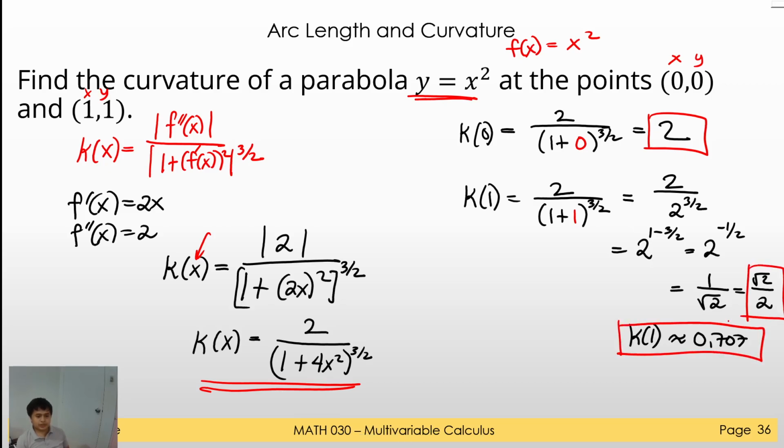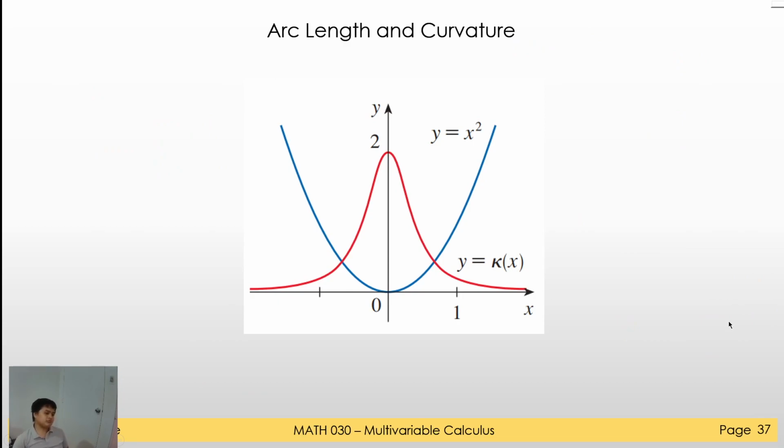Okay, so what does this mean? What are the implications of this? If you visualize a parabola, we have this blue curve here as your parabola. So this is your 0, 0, and then you have this point here as your 1, 1. The curvature at this point, as you can see, is curvy. How much it deviates from a straight line is very high compared to this.